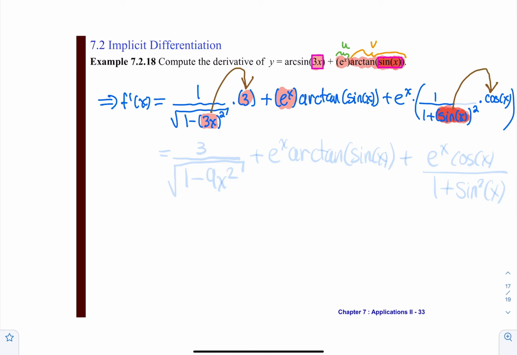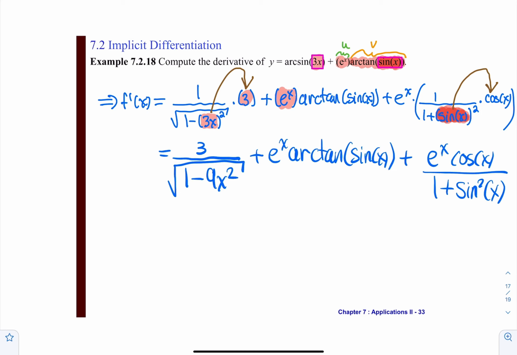Again, really the same ideas as before. You just have to use the new formulas for arc sine or arctan, or eventually also arc cos. Then you can simplify if you wish. Here's the simplified version: just bring the 3 to the numerator, 3x all squared is 9x squared, and multiplying e^x times 1 times cos, the numerator of the last term is e^x cos of x over 1 plus sine squared.